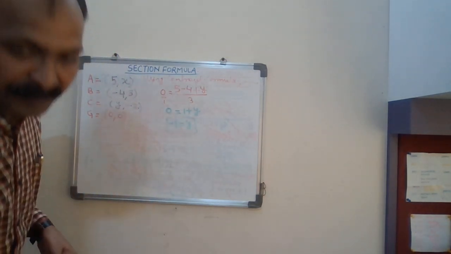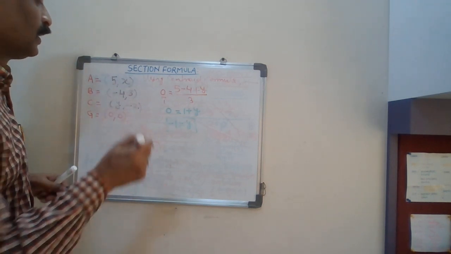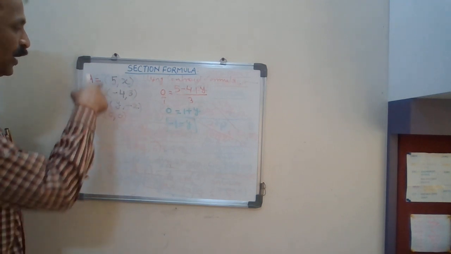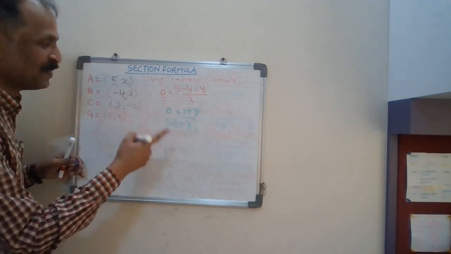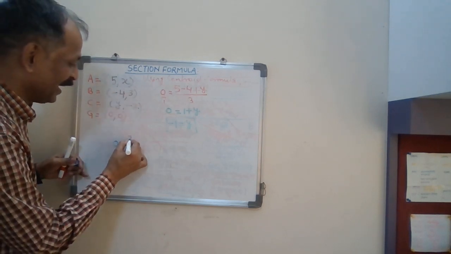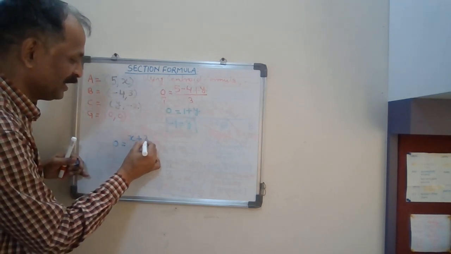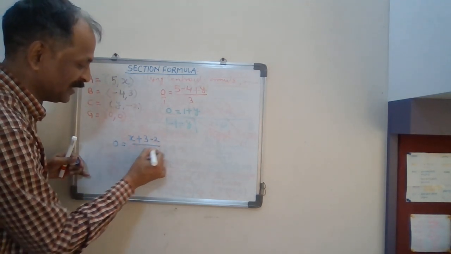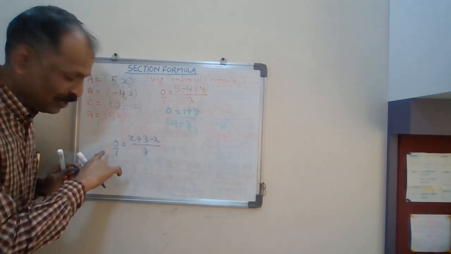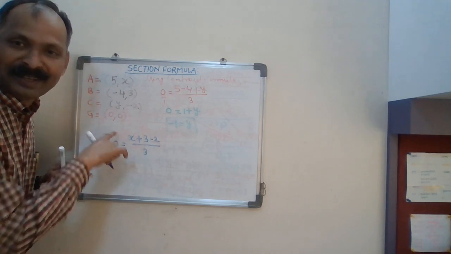Similarly, you can apply for the other one. It was the x formula, but the value we got was y. Now next you are applying with the y coordinates. So you will write x plus 3 minus 2 upon 3. Same way you will get 0, cross multiplication.